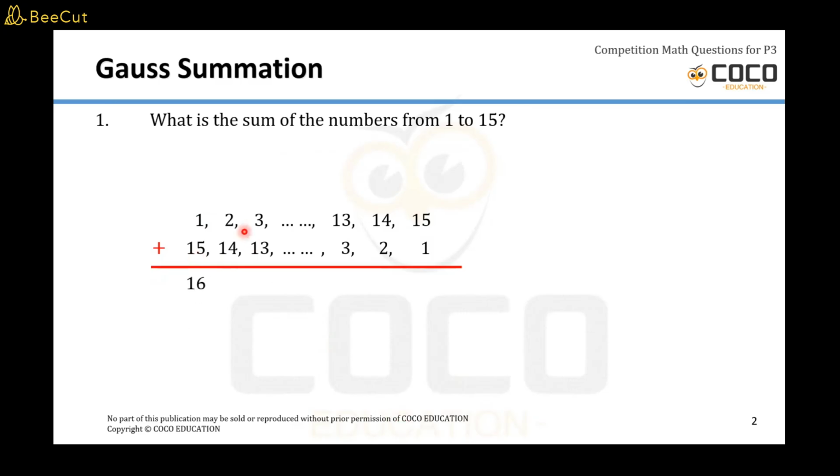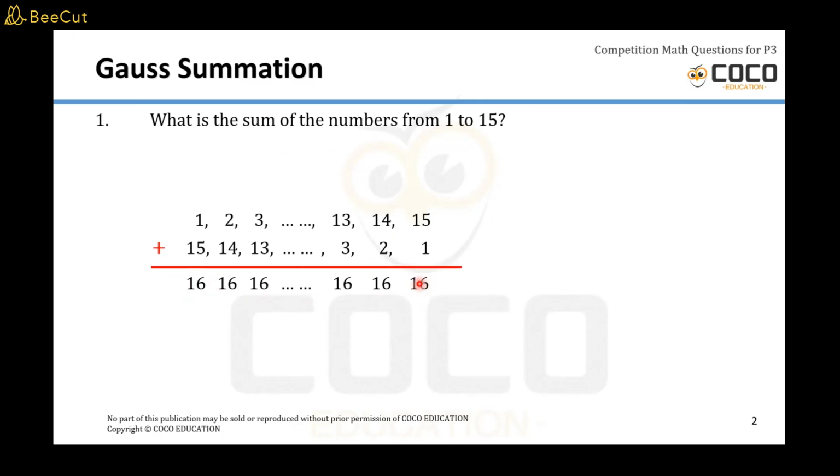And then 2 plus 14 equals 16. And 3 plus 13 also equals 16. And so on. You find that 13 plus 3 is also 16, 14 plus 2 is also 16, 15 plus 1 is also 16. You see the result, the sum for each pair here is the same.